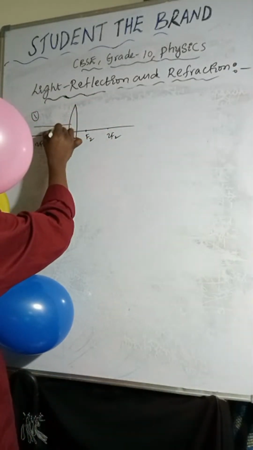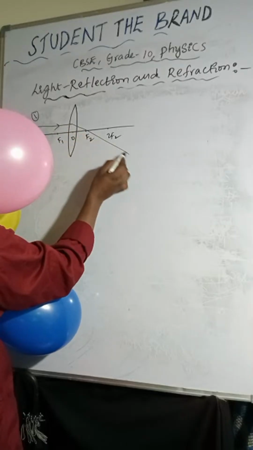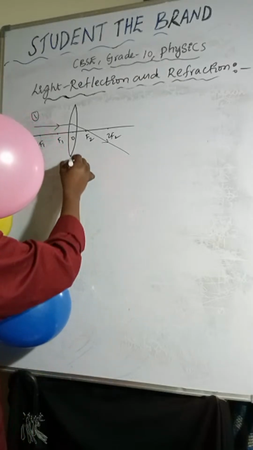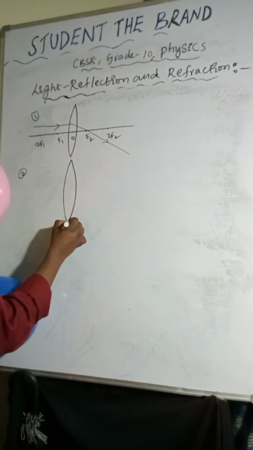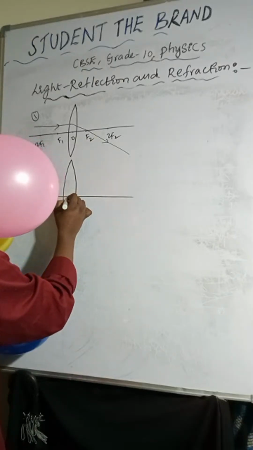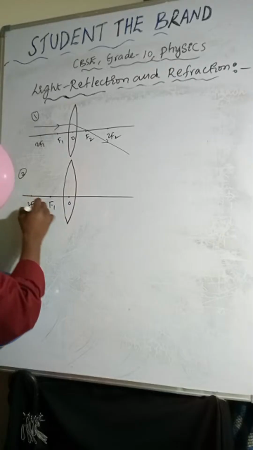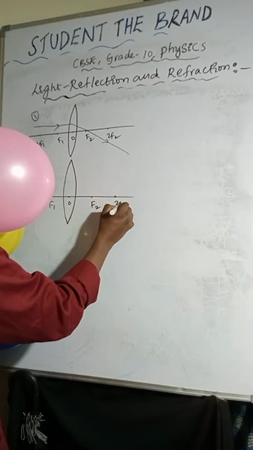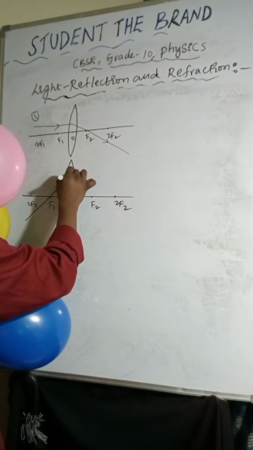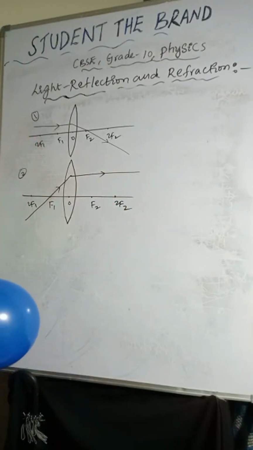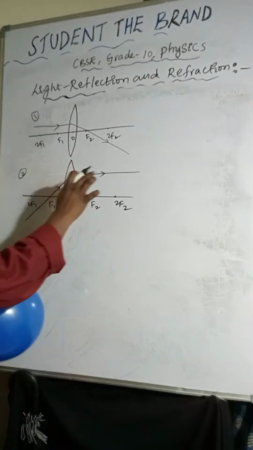So if the light ray is passing through F1, 2F1, F2, 2F2, light ray is passing through focus, after refraction it will become... So incident ray, refracted ray.